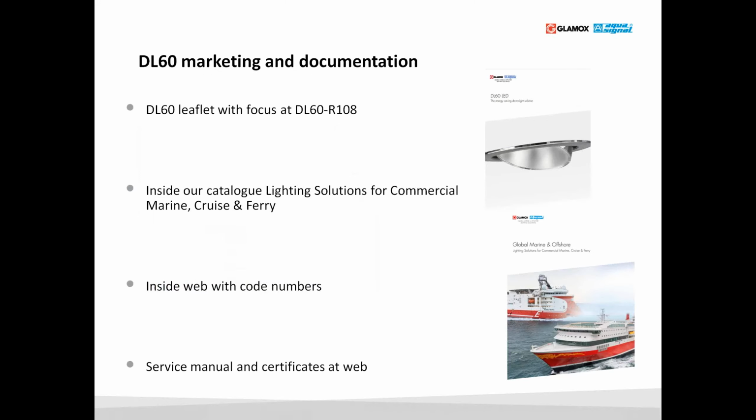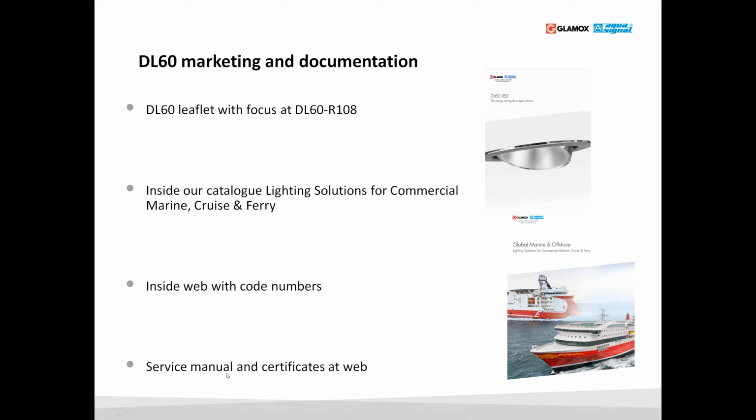This is the marketing part. That's the most recent thing here. As you will find on the web, we have the leaflets. The last leaflet we made for DL60 was a focus on the R108, the adjustable one. We have also inside our catalog for commercial marine, cruise and ferry, the DL60s updated. If you go into the web, you also find all the code numbers and so forth with accessories.